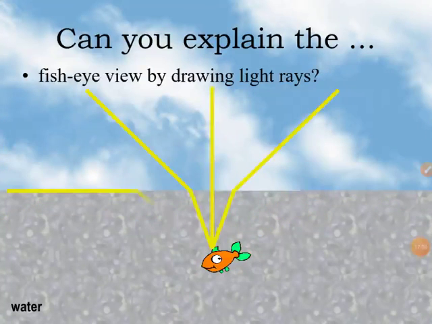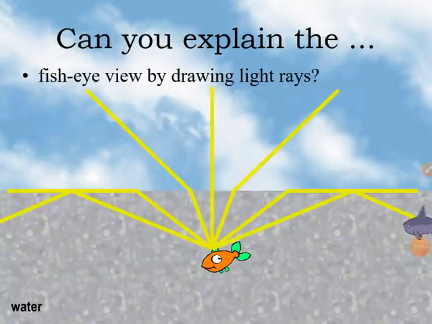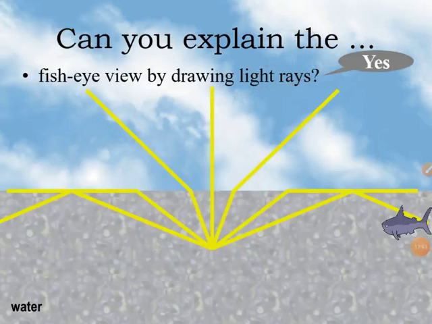See, so that shark coming will be seen very easily and this small fish will run away like this. Yes, these are the fish eye view. I'm just giving you the idea with this diagram.